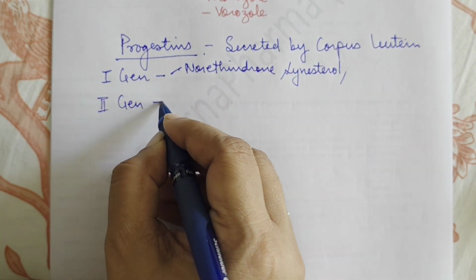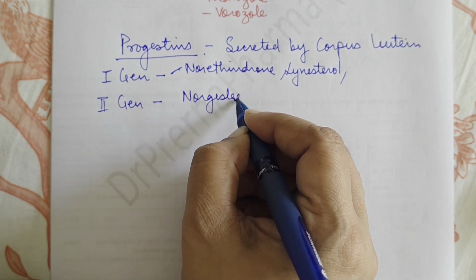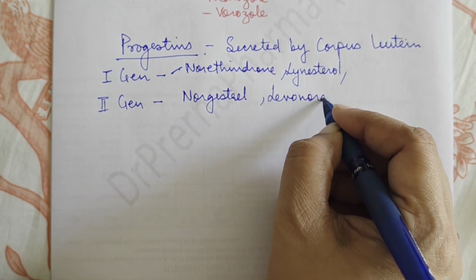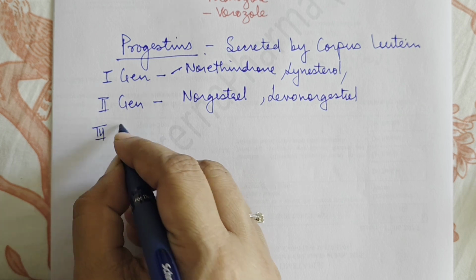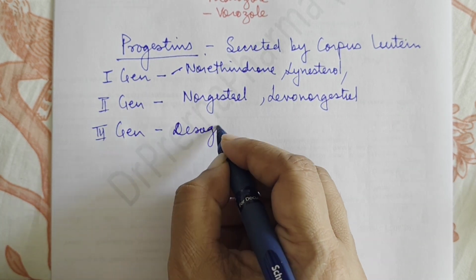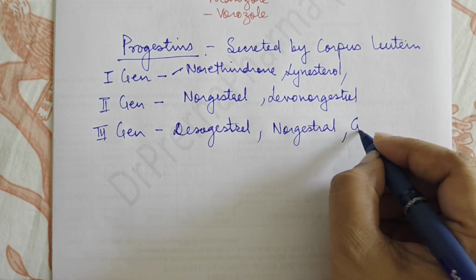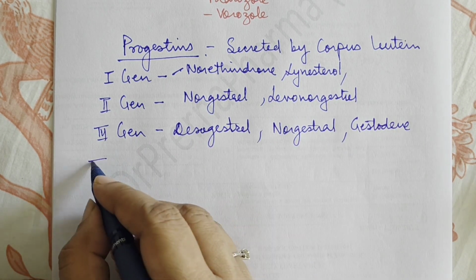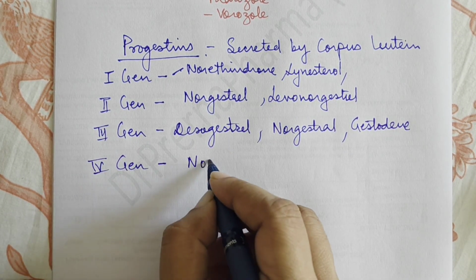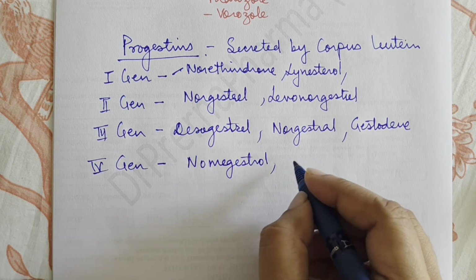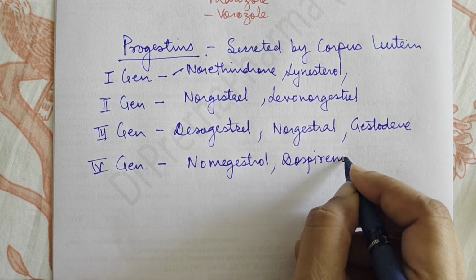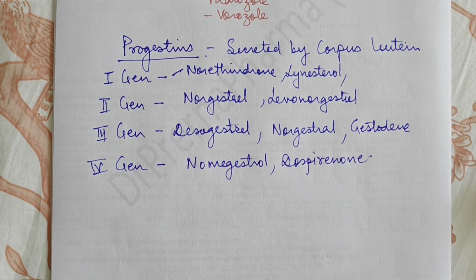Then second generation includes norgestrel and levonorgestrel. Then third generation includes desogestrel, norgestimate and gestodene. And then we also have a fourth generation in which we have nomegestrol and drospirenone, which is a minor aldosterone antagonist also.